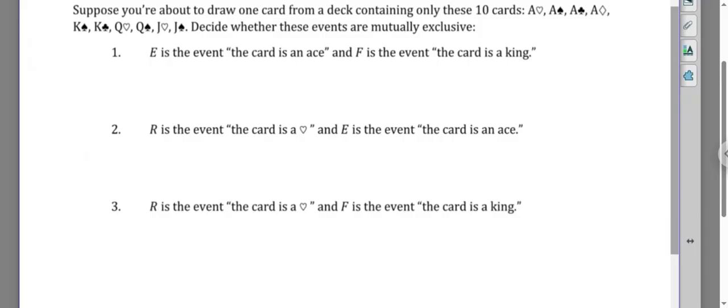Decide what they are. So again, we don't have the full 52 card deck. We just have the 10 that are listed.